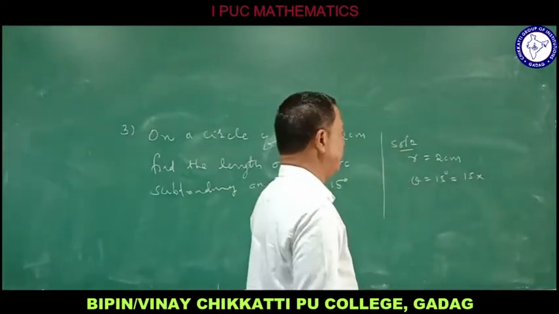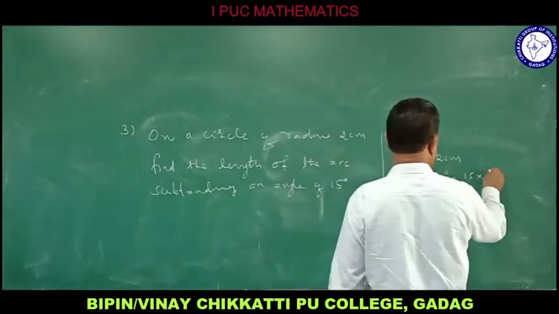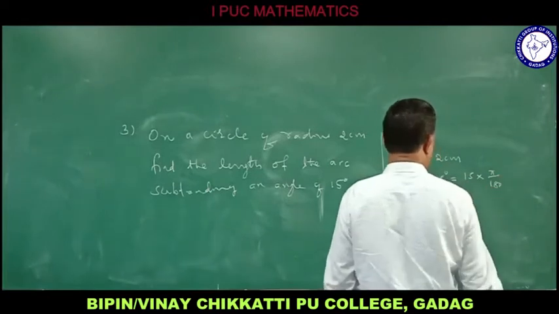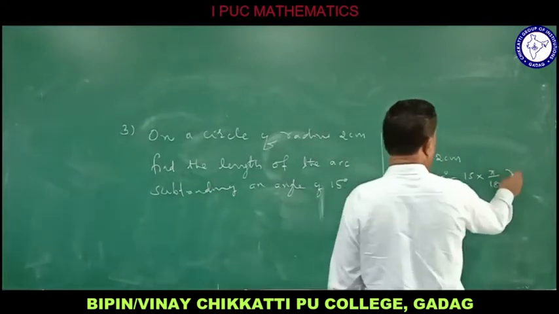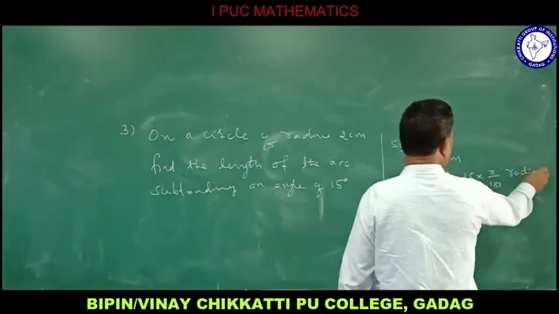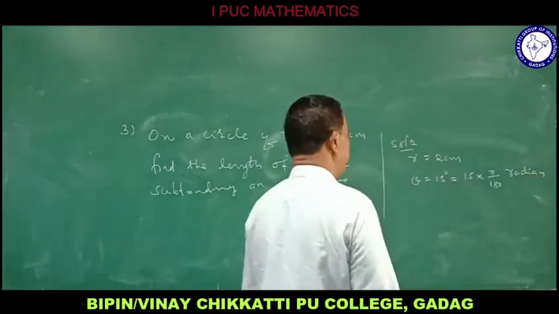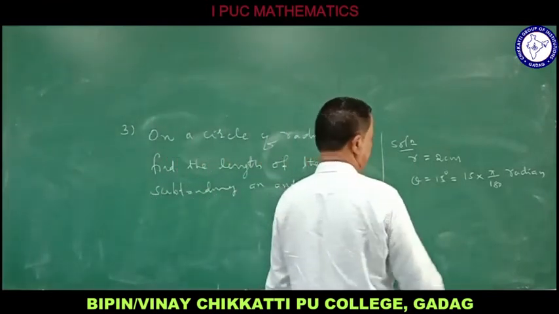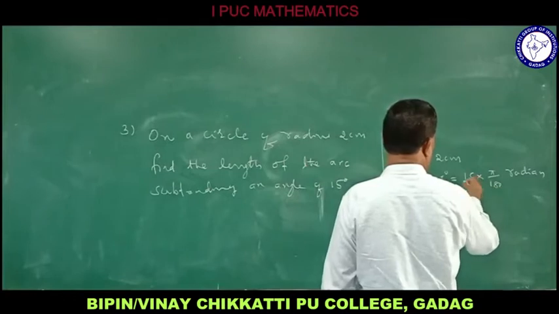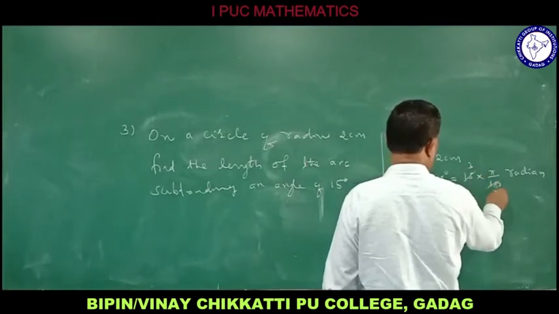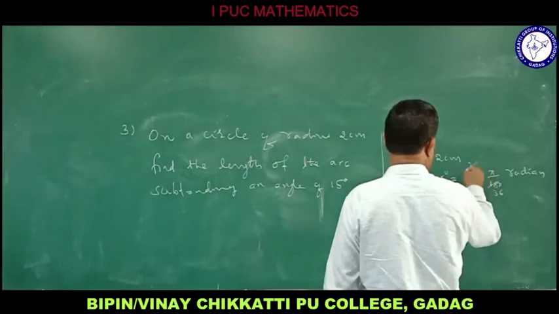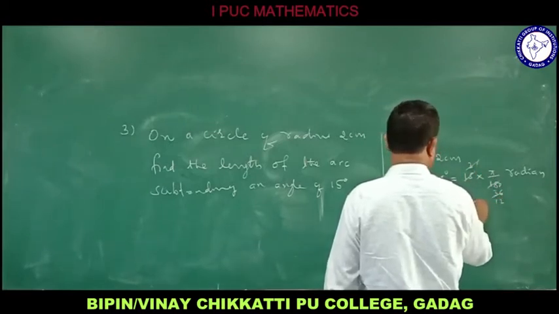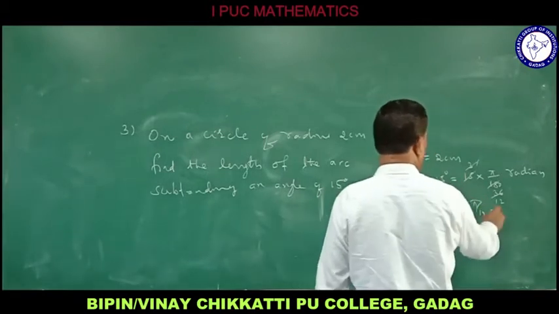You know 180 degree equals pi radians, so 1 degree equals pi by 180 radians. So that you have to simplify this. 15 into pi by 180 gives pi by 12. So how much have you got? Pi by 12 radian you have got.